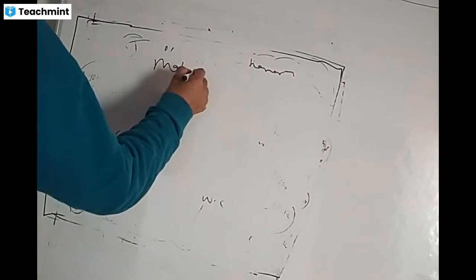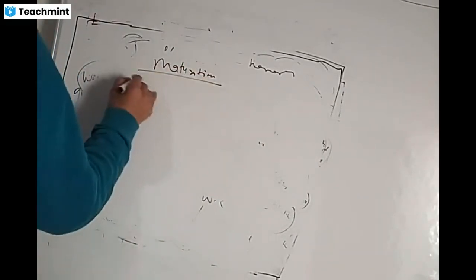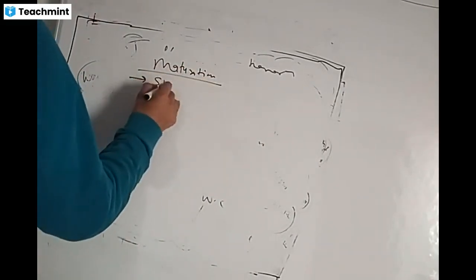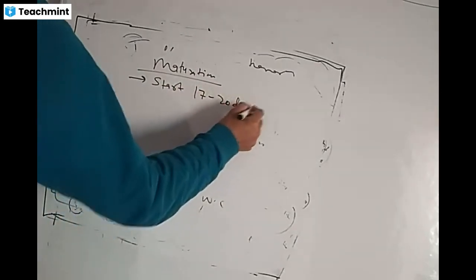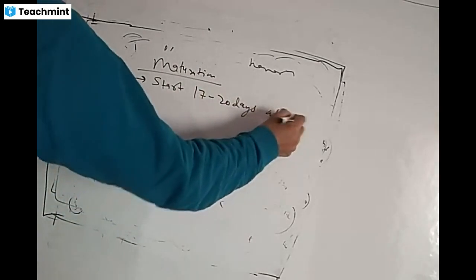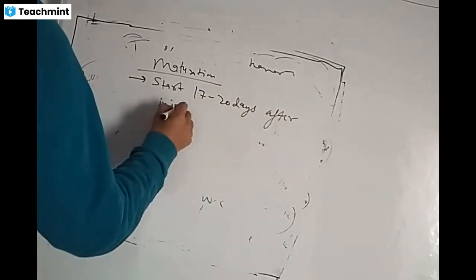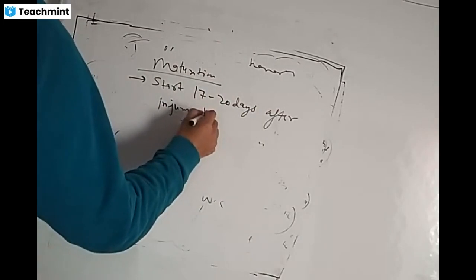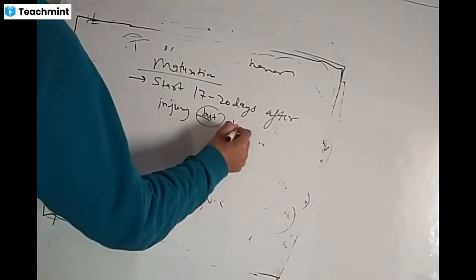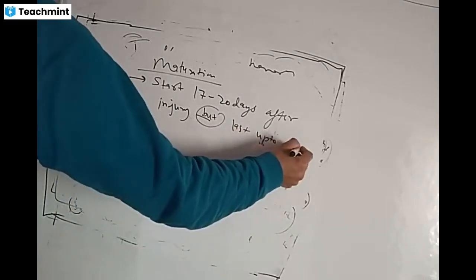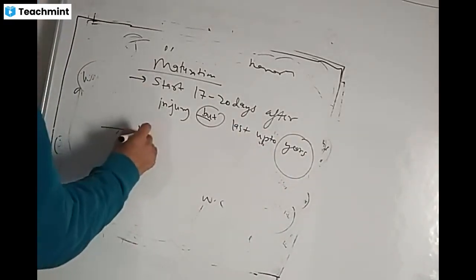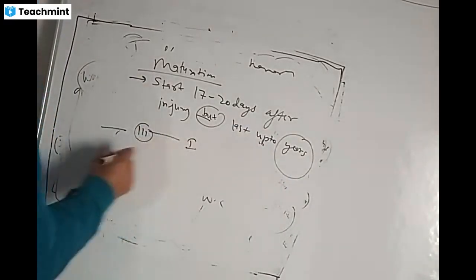So in this maturation, it may start 17 to 20 days after injury, but it may go up to years. It may go up to years. So in this maturation, as I told, type 3 becomes type 1.